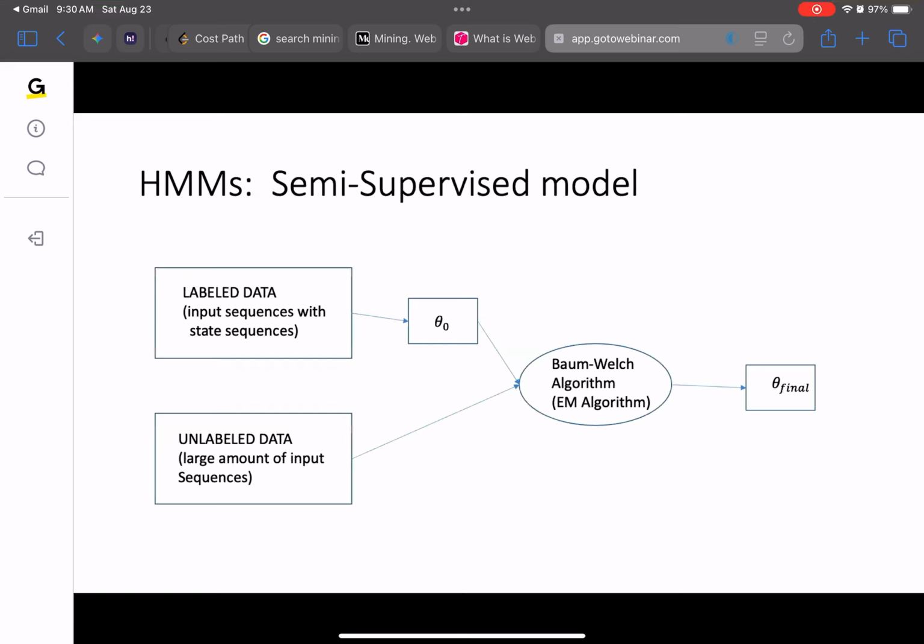Let's see how to do semi-supervised learning. Let's say some data is labeled. Then we can estimate the initial estimate using the supervised approach, and from the unlabeled data, we can use the EM algorithm to estimate the maximum likelihood of the unlabeled data, in an iterative approach.